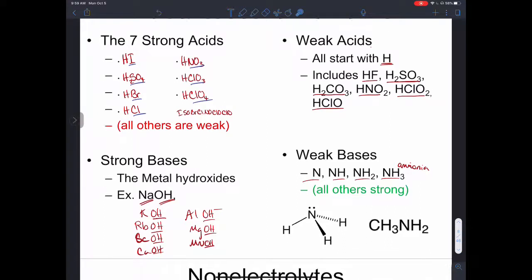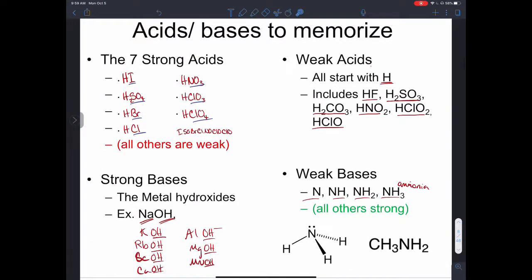So these are the four categories that we do need to memorize, especially those strong acids. And we don't have to memorize the strong bases as much as we need to be able to remember that it's a metal hydroxide. All other acids are then weak, and then we will need to memorize the weak bases. So we'll know all other bases are then strong.